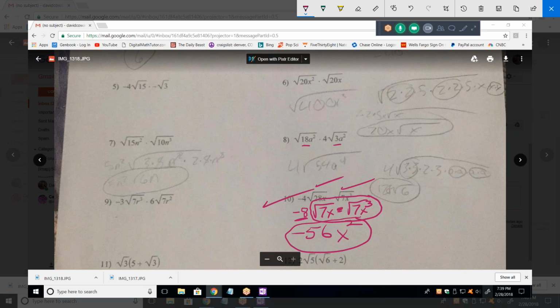Simplifying it first wouldn't really help. You'd have square root of 6 times square, I guess you'd have 9 times square root of 2, but square root of 2 is not square root of 3. So not such a big advantage with a problem like that. But a problem like number 10, there was a huge advantage in simplifying first.